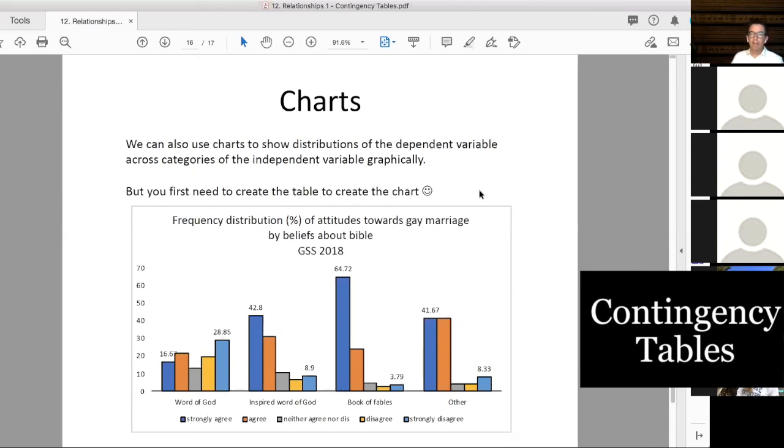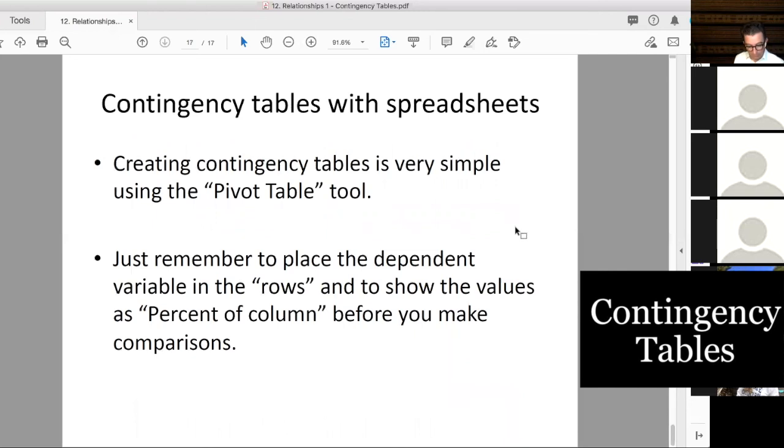Anyway, I prefer tables. Tables usually present an easier way to compare across columns, and the charts have to come from the tables anyway. So now we're going to turn to how to do crosstabs or contingency tables using spreadsheets.